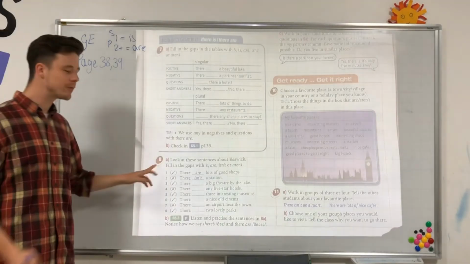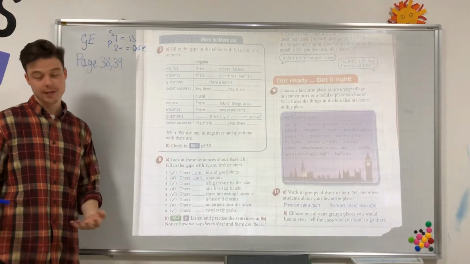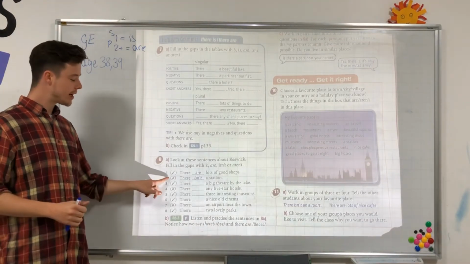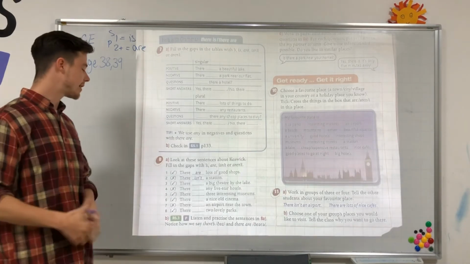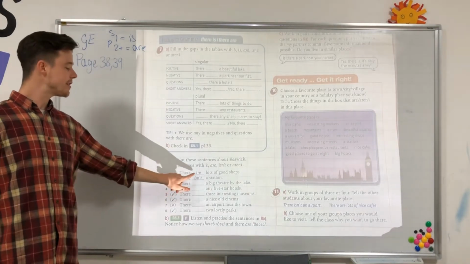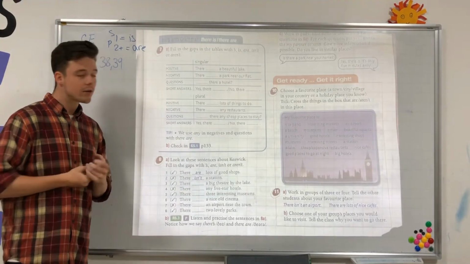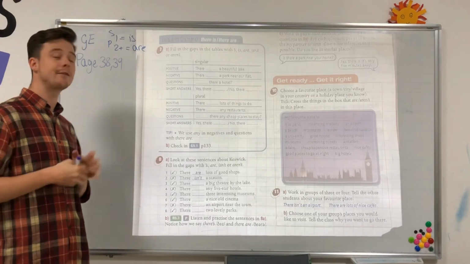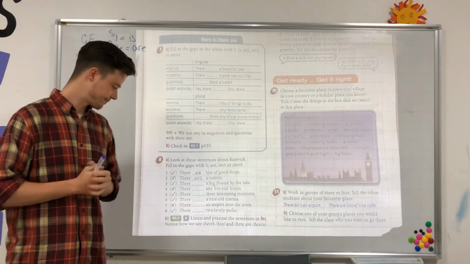Alright, the last thing we'll do together today is part 8, and we have 8 questions, and they all have a tick or a cross, which means they are positive or negative. So, our first positive example is there are lots of good shops, and our first negative example, there isn't a station.